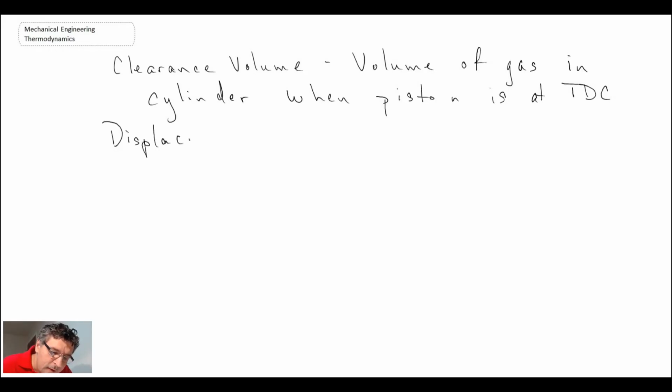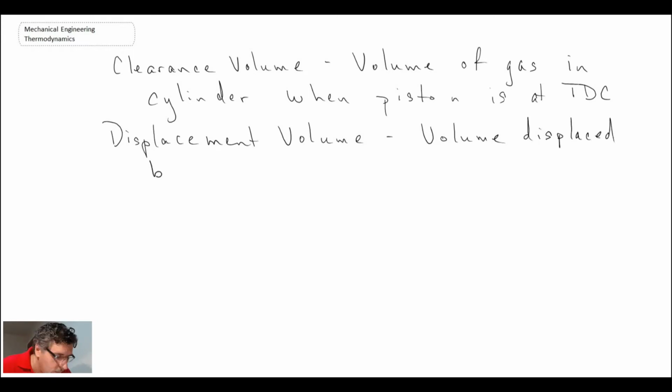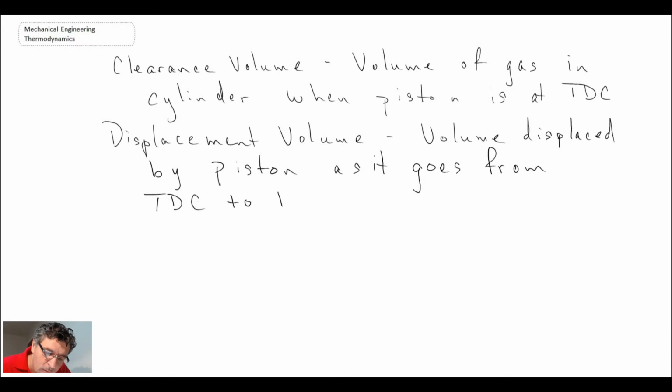There's also a displacement volume, and that's the volume displaced by the piston as it goes from top dead center to bottom dead center.